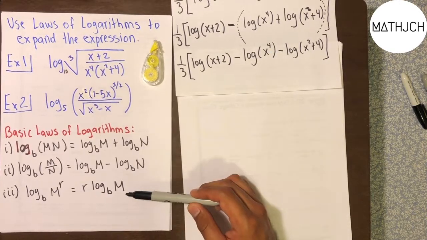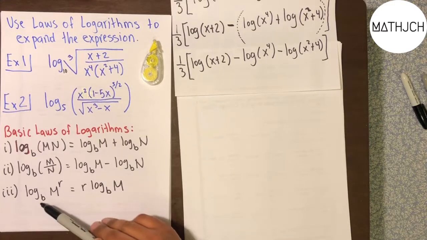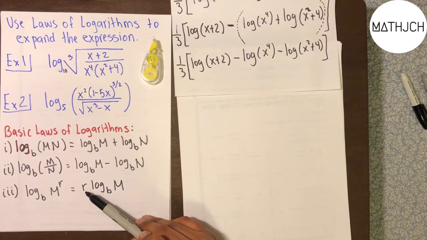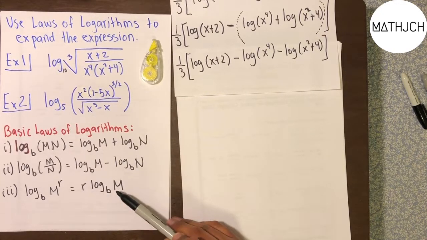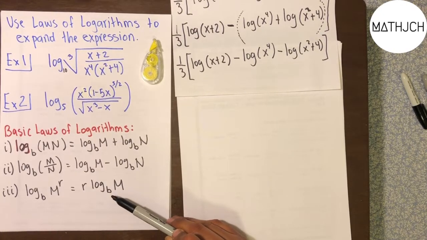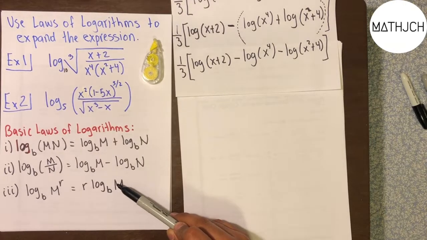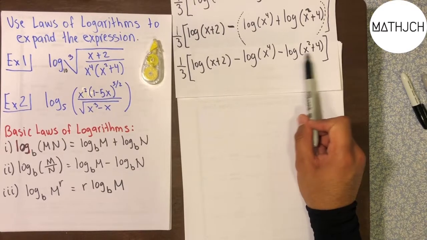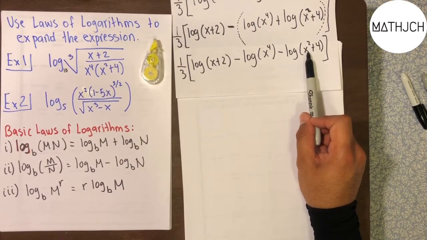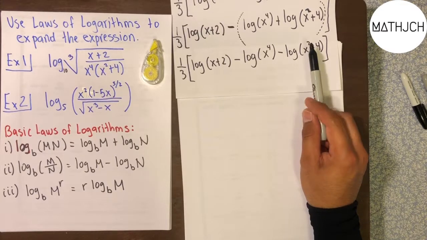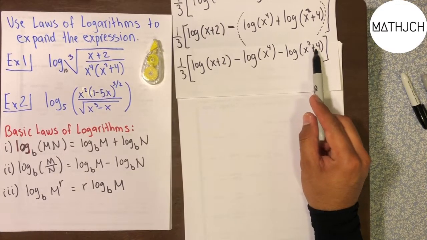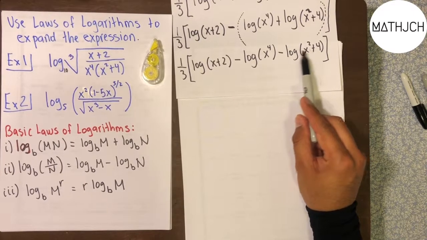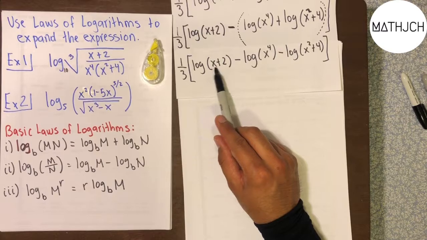If we go back to our third law, we could rewrite the power in front of the log and then rewrite the term the same, except with the exponent. So let's do that. And this one, there's nothing else to expand, because we have x squared plus 4. This one has a power, but we have a plus next to it, so there's nothing else to do. So this one will stay the same, and this one as well.